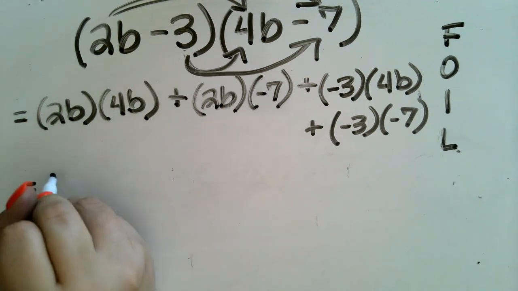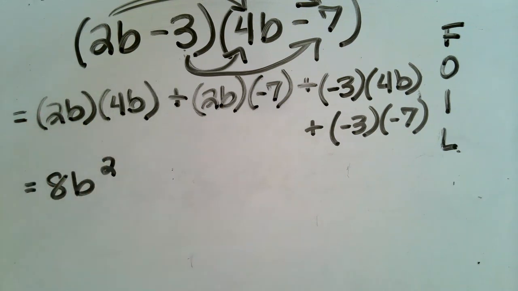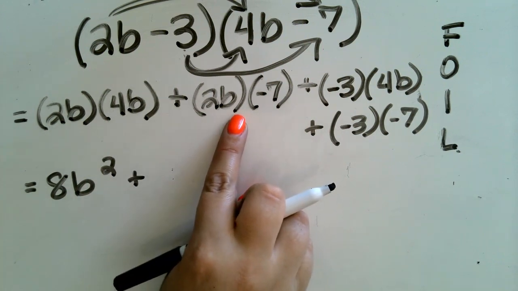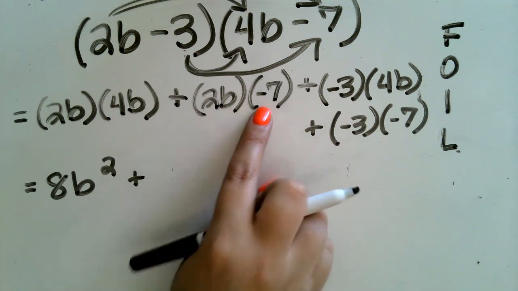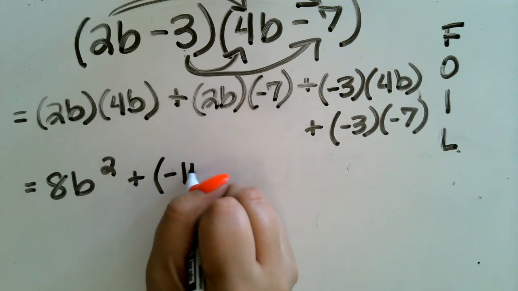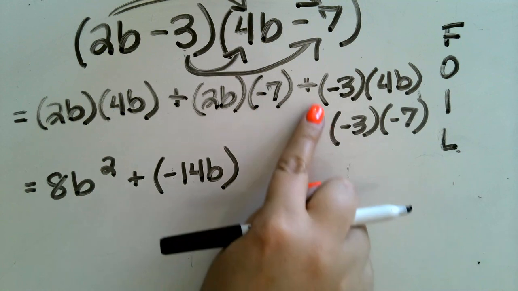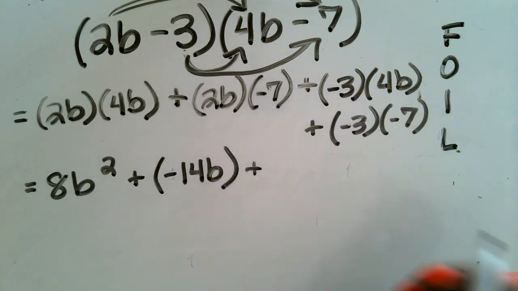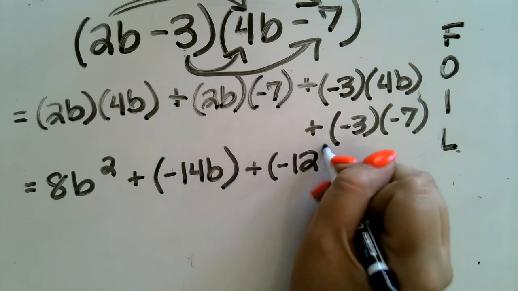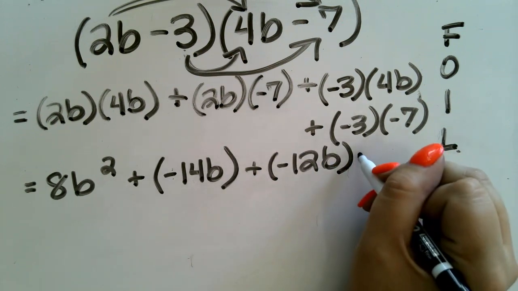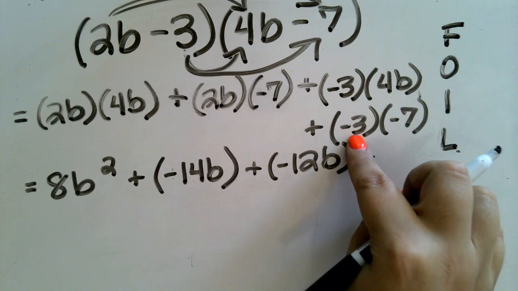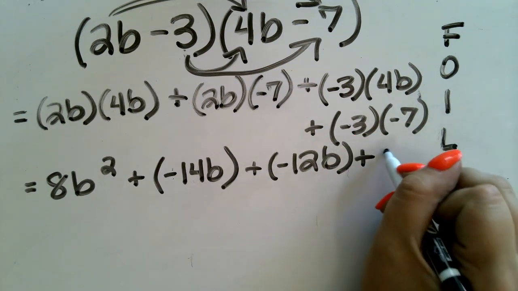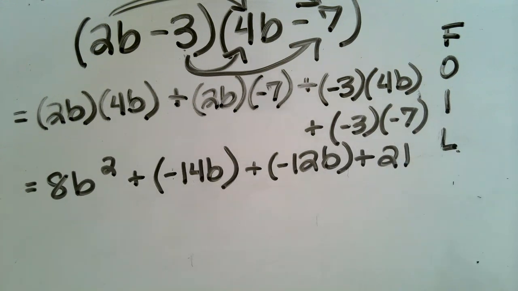2b times 4b, 8b squared, plus this next set, our outer terms multiplied together. 2b times negative 7 is going to be a negative 14b plus the I, so negative 3 times 4b, which is negative 12b, plus, now we have a negative times a negative, which is going to be a positive 21.